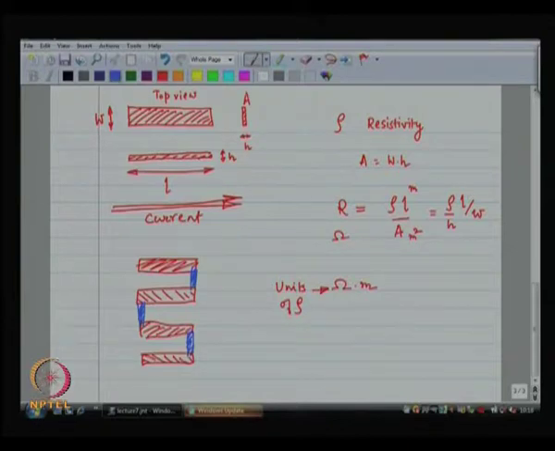So, now you have a resistor between this point and this point, which is 4 times the resistance of each track, assuming the tracks are identical.